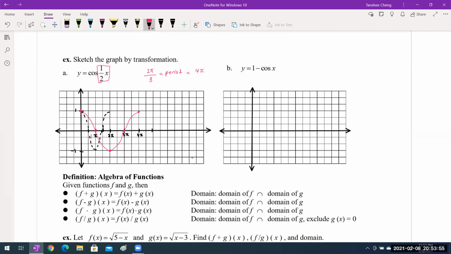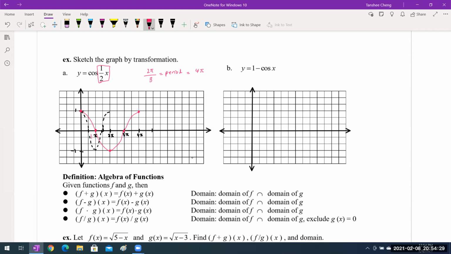Okay. So you can still use the transformations technique that we talked about in a previous example, but trigonometric functions have a different way of graphing, which is finding the period first and then making 5 good points. That's how I taught in my trig class, and that's what I'm expecting from you also. You need to know how to give me the 5 good points and get the shape out of it.